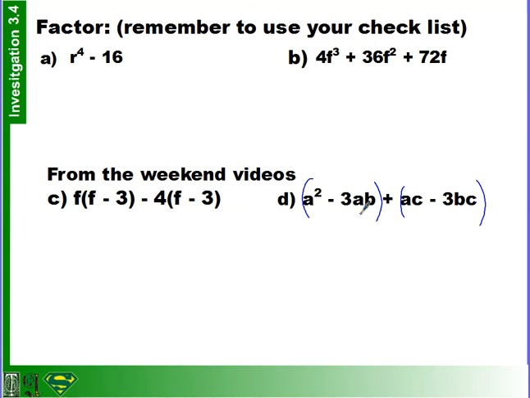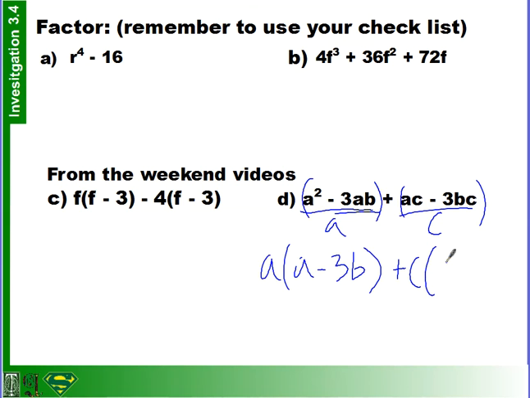What is it? A. So we said A times A minus 3B. And over here we said C, so we had plus C times A minus 3B. Everyone understood that we could factor out a greatest common monomial here. Is everyone with me so far?